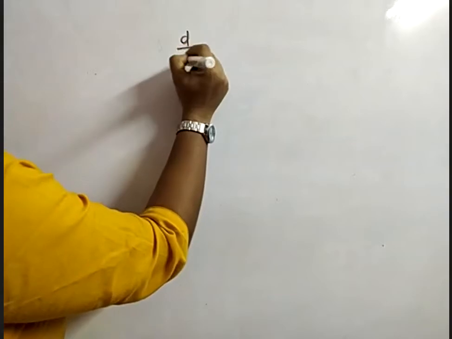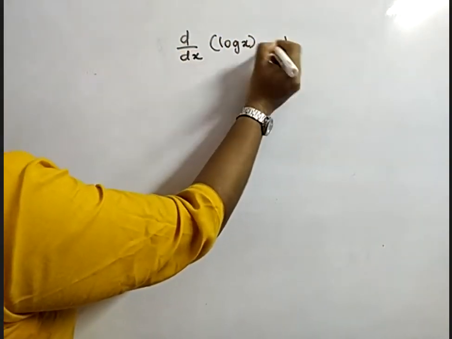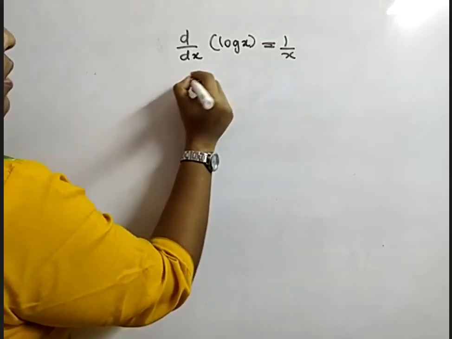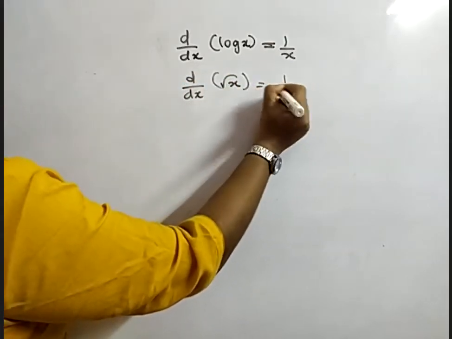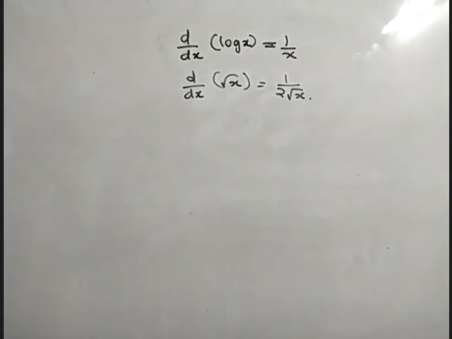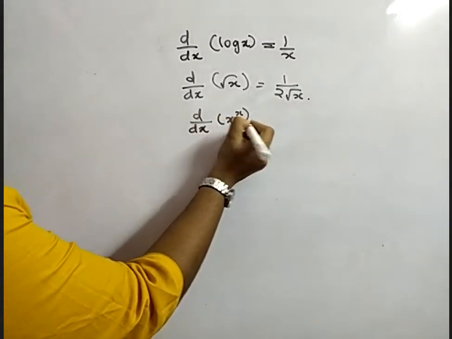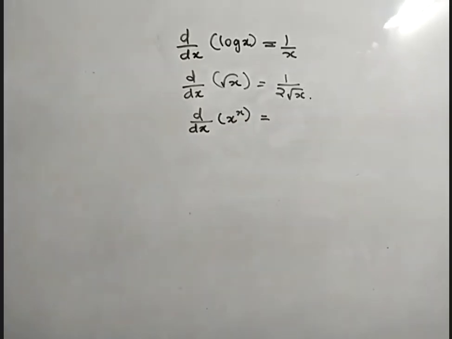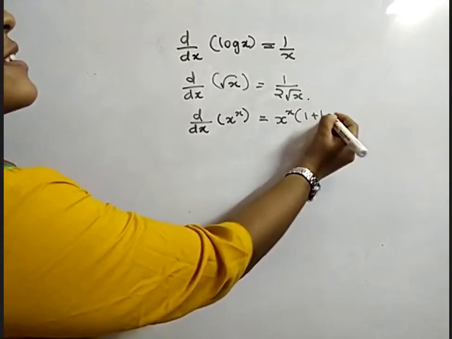What is the derivative of log x? d by dx of log x is 1 by x. d by dx of root x is 1 by 2 root x. d by dx of x raised to x is x raised to x into 1 plus log x.